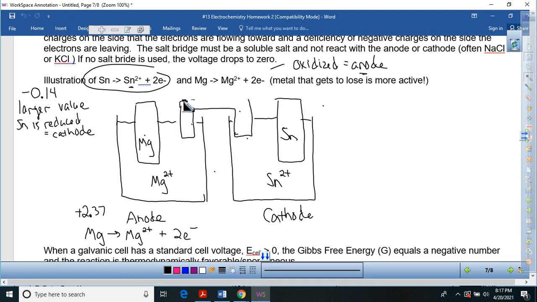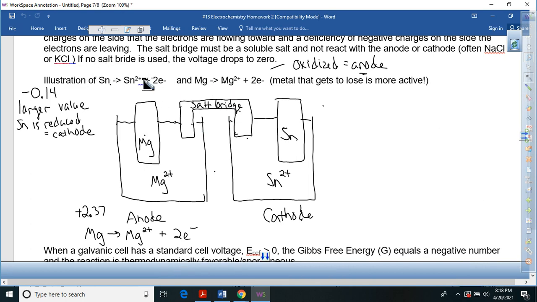Now, the salt bridge has to be some sort of a soluble ionic compound. And the purpose of the salt bridge is to prevent a buildup of negative charges on one side compared to the other. And so that's the purpose of the salt bridge here.